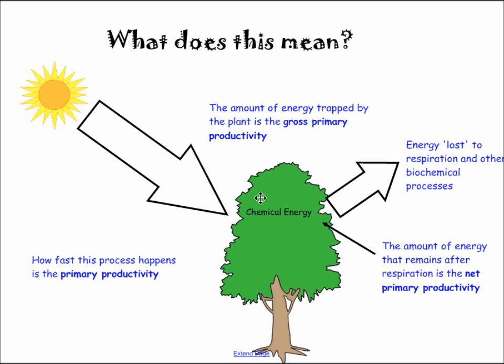But as we've just heard, the plant will lose energy to respiration and other biochemical processes. So the amount of energy that remains in the plant after the energy has been lost is the net primary productivity. And this is the amount of energy that would be available to the next stage in the food chain.